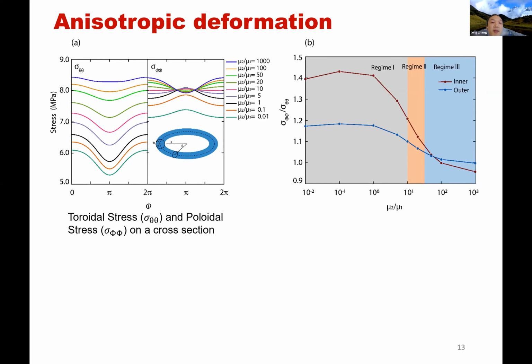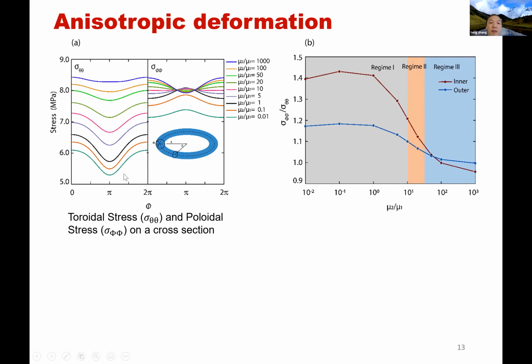Also sigma theta theta and sigma phi phi are very close, the ratio is close to 1, so they are close to equal biaxial compression. Then you will have a hexagonal pattern. Also you can notice that the maximum stress is at the outer surface, which is why the hexagonal pattern emerges at the outer surface first.